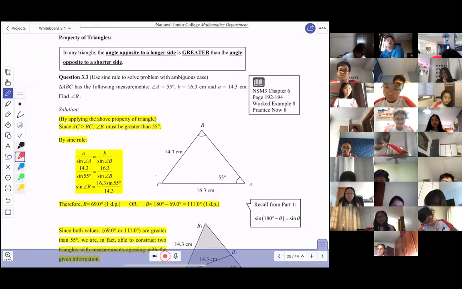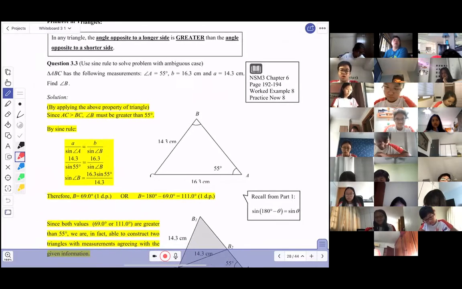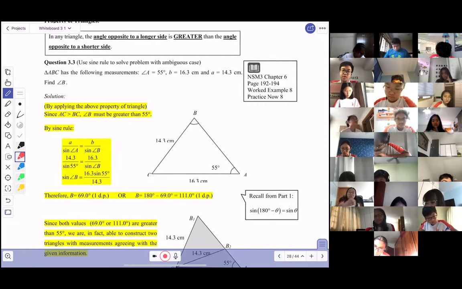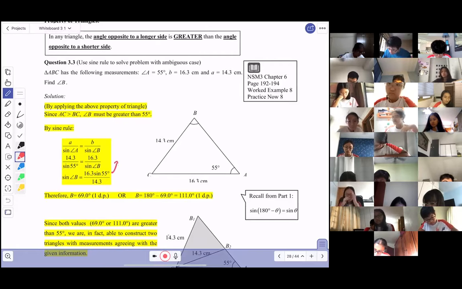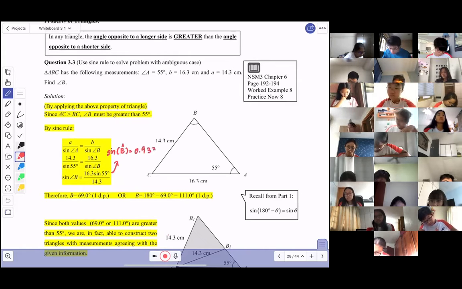Question 3.3. I want to find angle B. The reason is that sine B equals 16.3 times sine 55 divided by 14.3, which is equal to 0.9337.